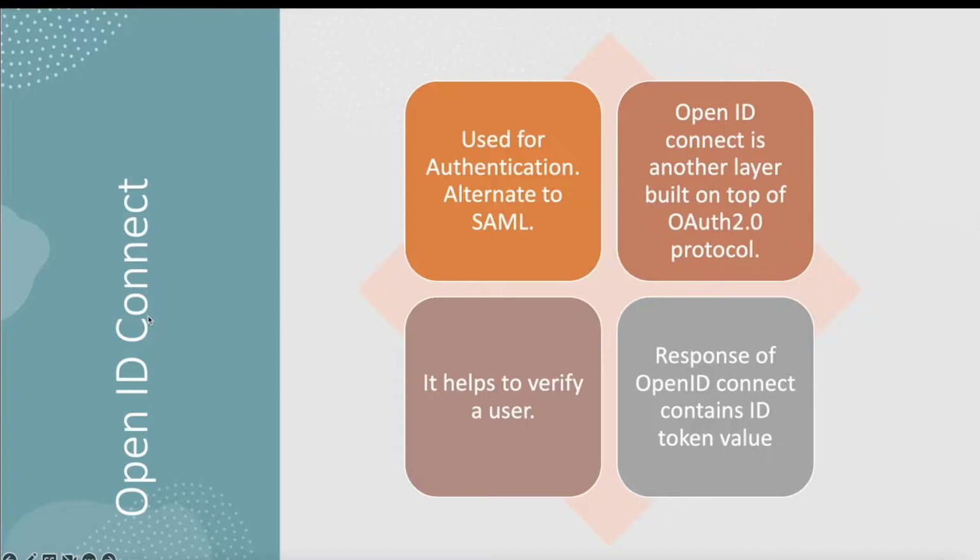So OAuth is used in conjunction with OpenID Connect or SAML, so that you first authenticate a user and then authorize a user. OpenID Connect can be used for authentication, as an alternative to SAML. It is another layer built on top of the OAuth 2.0 protocol.